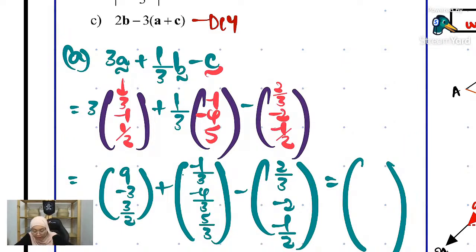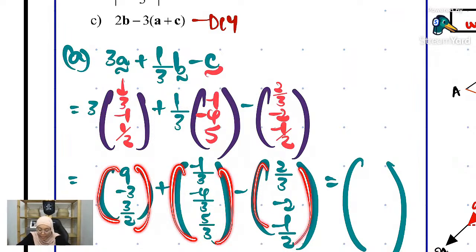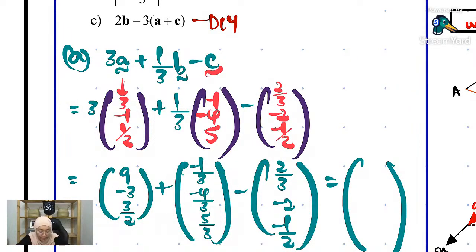And so I multiply in my 1 over 2 and my 1 over 3 inside of this vector, so that I'll get a single vector there. It's easier. Same goes for this 3. 3 times 3 is 9. 3 times negative 1 is negative 3. 3 times half is 3 over 2. So I just make it as one vector. It's easier to calculate. And then I just do the operation of plus and minus as usual.